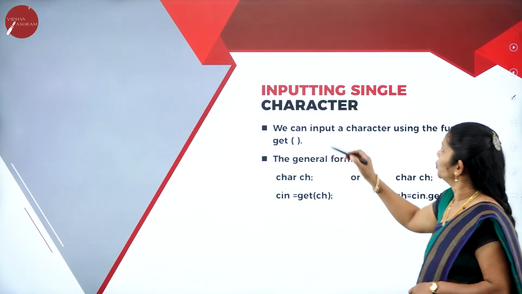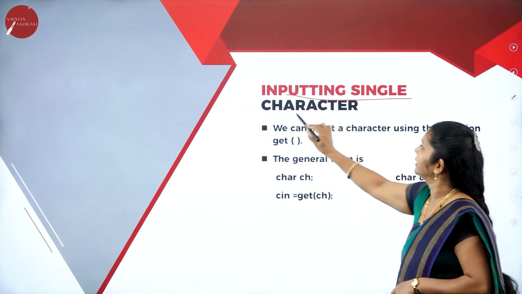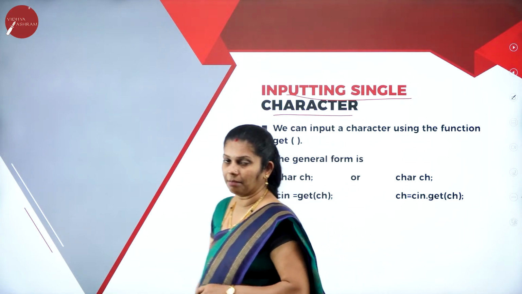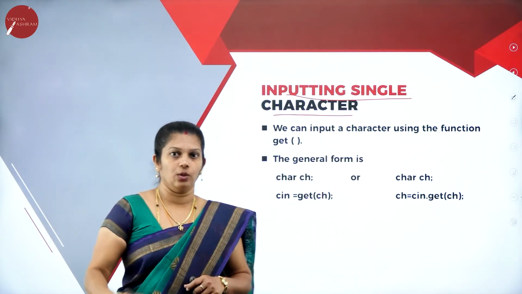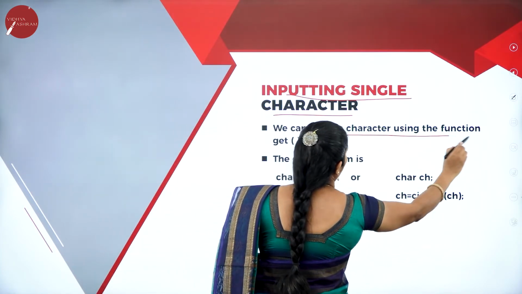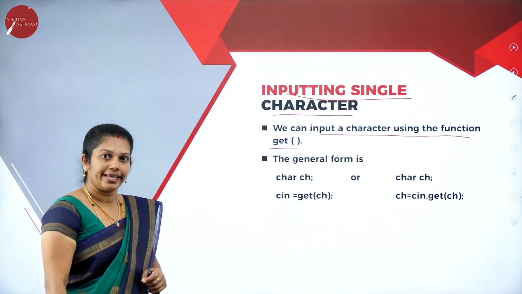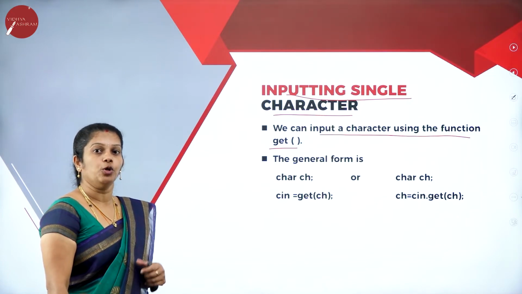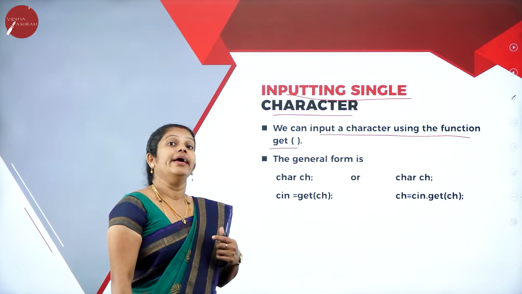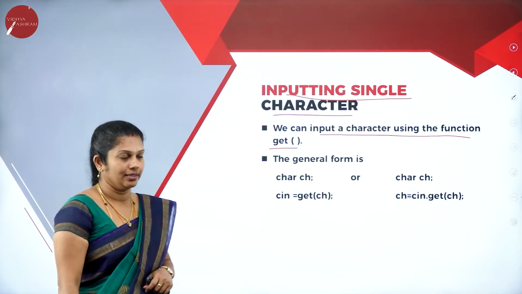Next we will move on to inputting a single character. How to input a single character in the program? By using the get function, we can input only one character. That means we can read a single character here.